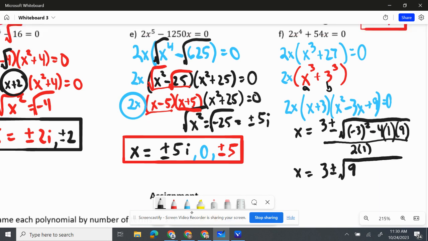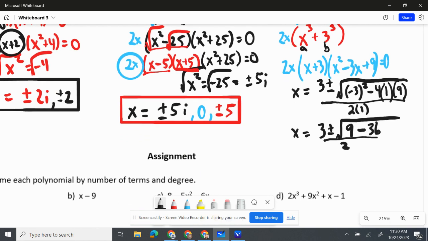Negative 3 squared is 9. 4 times 1 times 9 is 36, all over 2. I have x equals 3 plus or minus the square root. 9 minus 36 is negative 27. And when I simplify negative 27, that is going to give me 3i square root of 3 all over 2.